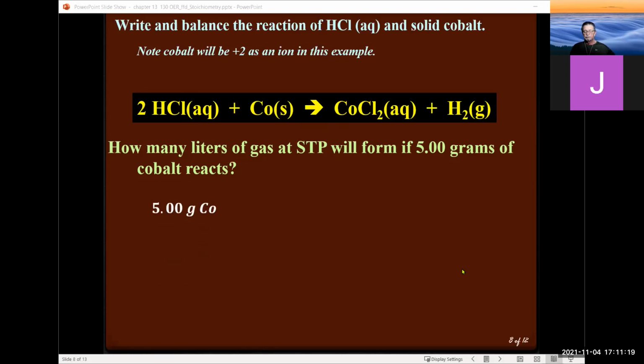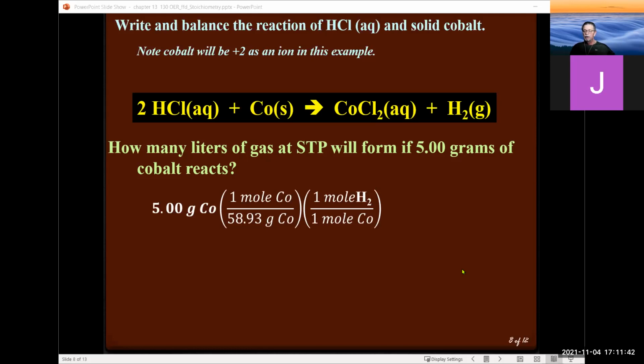And there's 5.0 grams of cobalt. Our first one is the atomic weight, obviously, because we want to convert the grams to moles. Everything's going to go to moles. And then the stoichiometric relationship between hydrogen and cobalt, which is a 1-to-1.